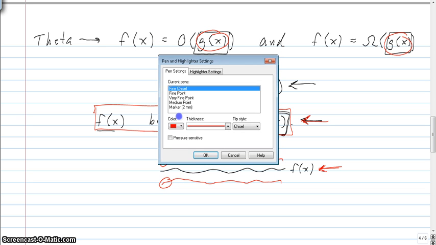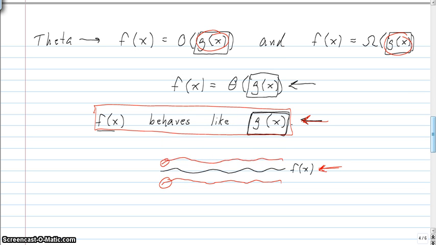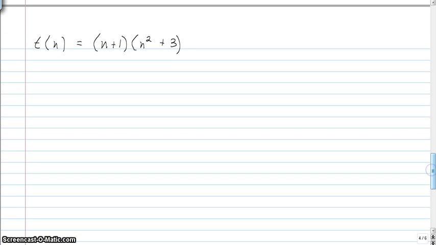Okay, so let me take another function and we'll work through one start to finish now. What we want to do is find the theta notation. If we're going to find the theta notation, we first have to find the big O notation and then the omega notation, and then we can conclude what our theta notation is.